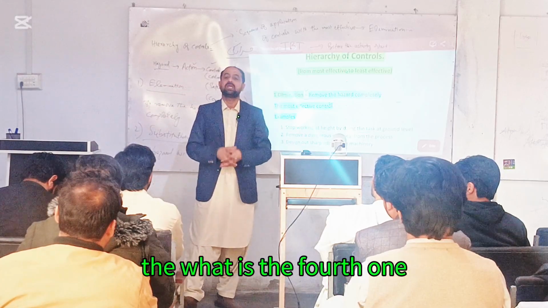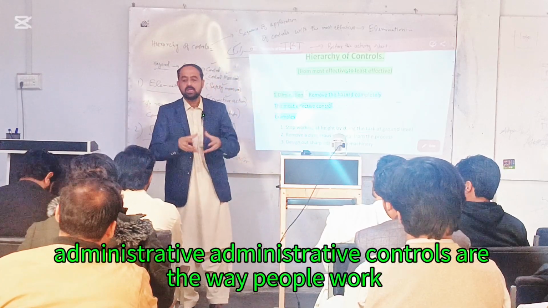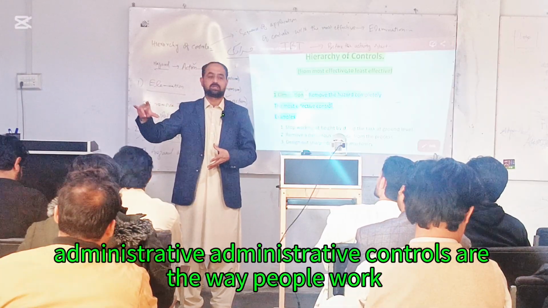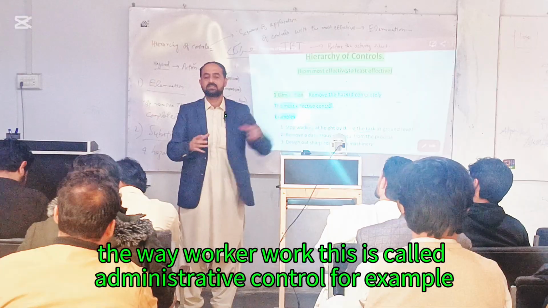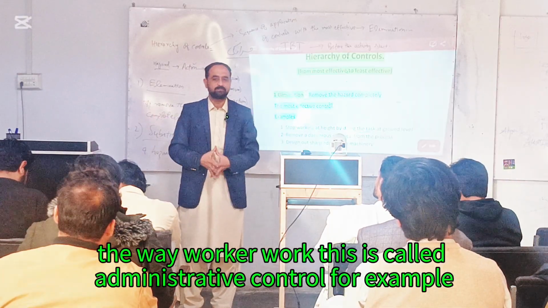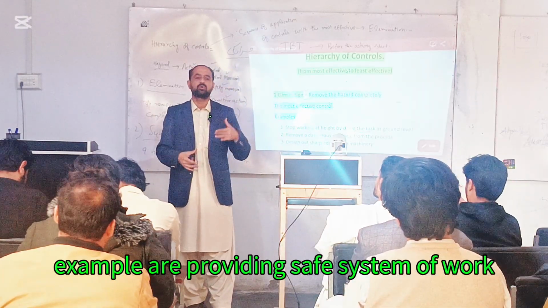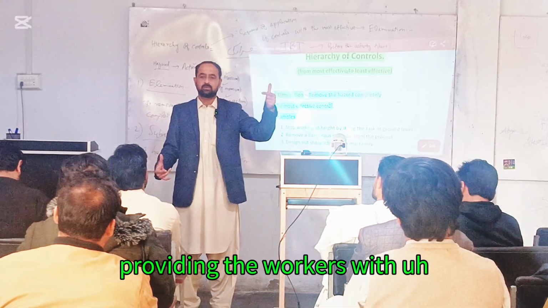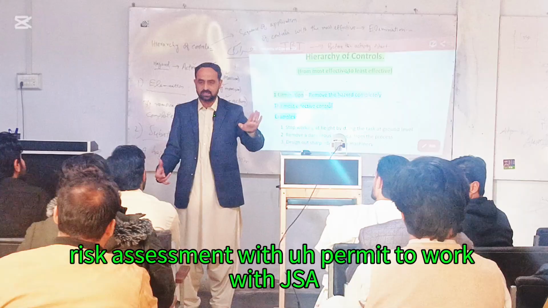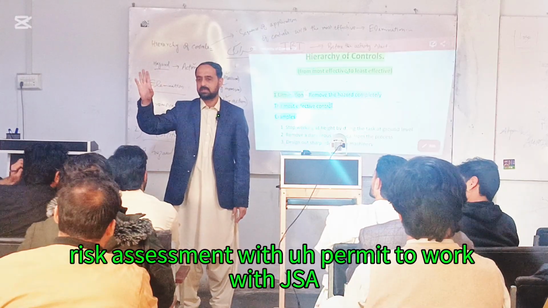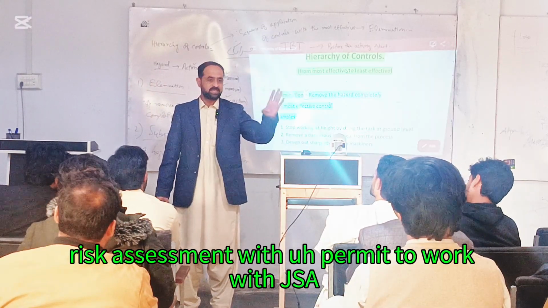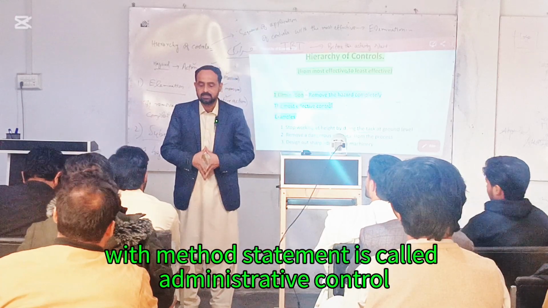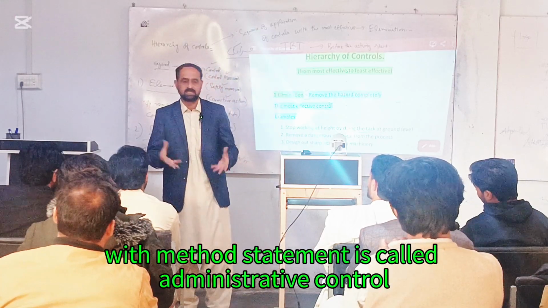Okay. What is the fourth one? Administrative control. Administrative controls are the way people work. For example, providing a safe system of work, providing workers with risk assessment, permit to work, JSA, emergency procedure, and method statement are called administrative control.